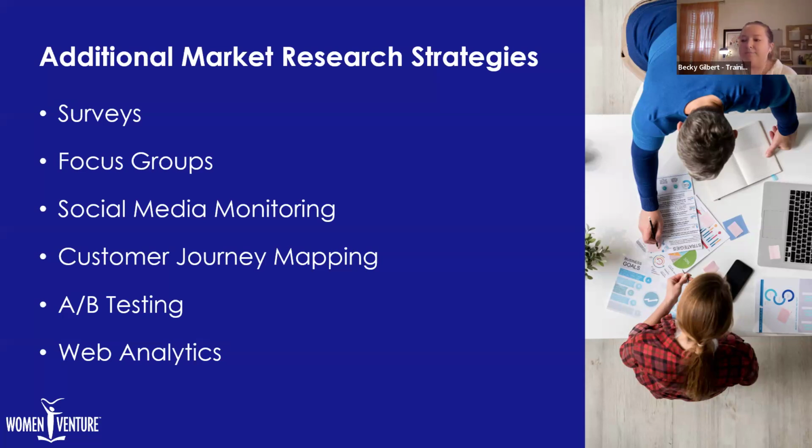So if you can, I strongly recommend doing as much secondary market research as you can. You don't need to reinvent the wheel. So if someone has already done the research, use that. If it's recent, if it's relevant, use it, because you're a small business owner and time is precious.